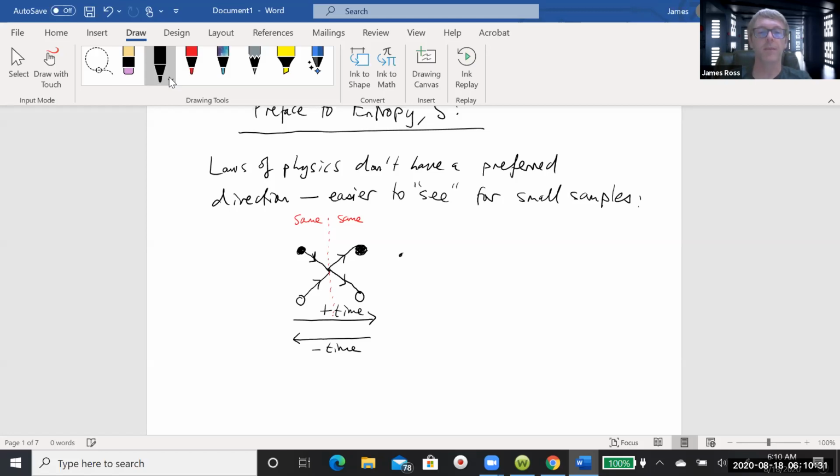So clearly, if you view this collision in the plus time and the minus time directions, it looks the same.